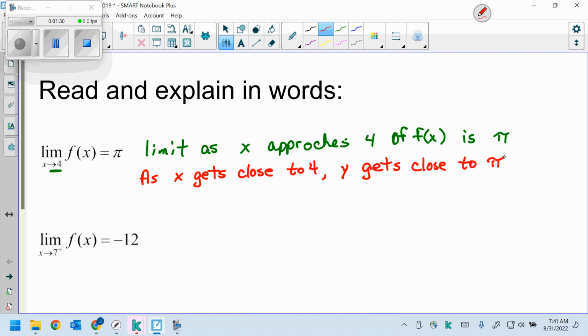Now, we're getting close to 4. Down here, it looks like we're getting close to 7. And I'm not going to write the green statement here, this is the limit as x approaches 7 from the right. Okay, I've specified that we are approaching 7 from a particular side.